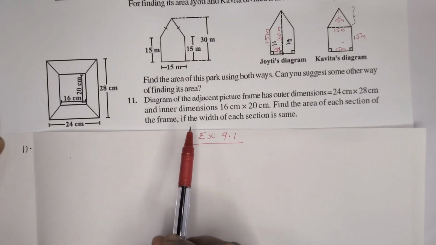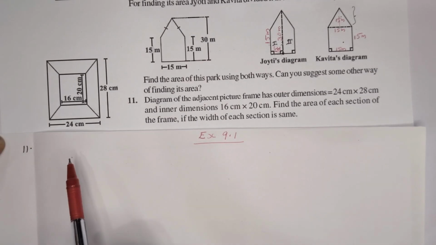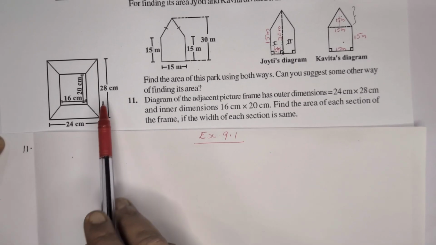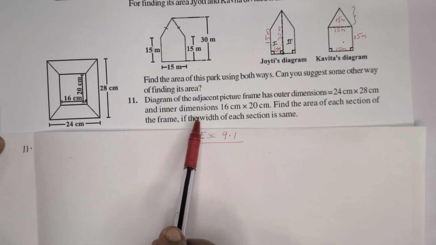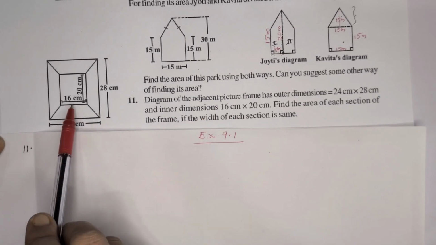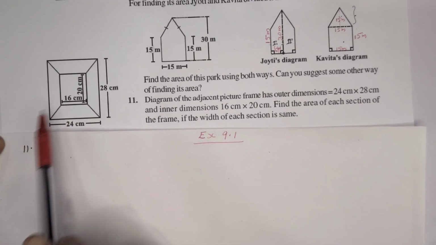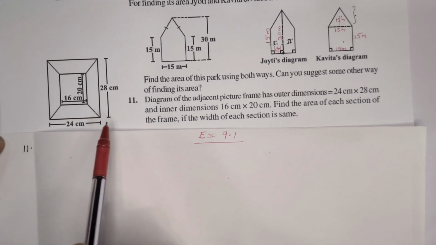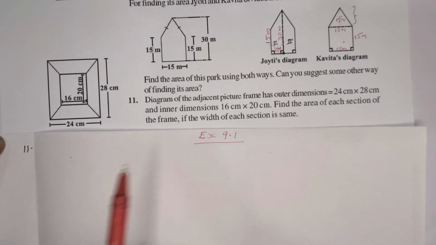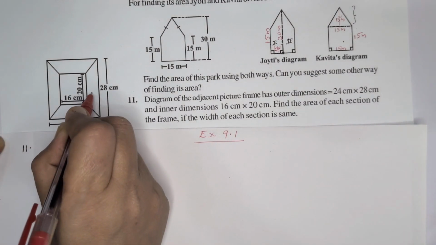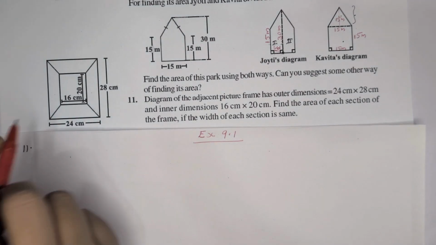Question number 11. Diagram of the adjacent picture frame has outer dimensions 24 cm and 28 cm and inner dimensions 16 cm and 20 cm. Find the area of each section of the frame if the width of each section is the same. So here we can see two trapeziums of the same type.